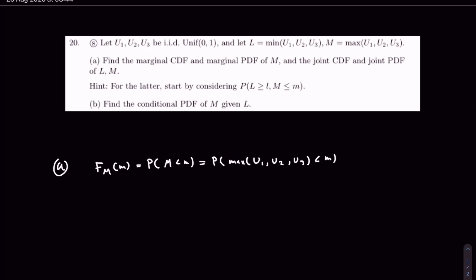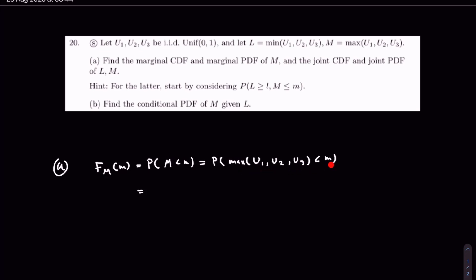And now we would like to open up this maximum. What this random variable, the max, means is that all of these indeed have to be less than m, because if even one of them is larger, then this event will not be true.